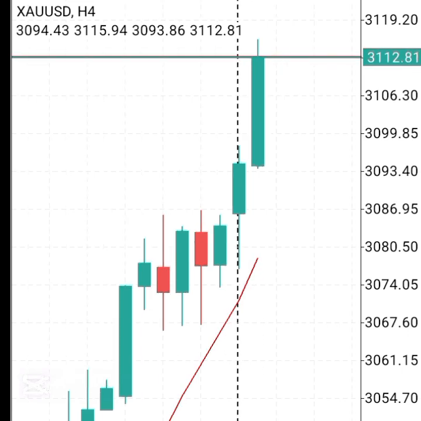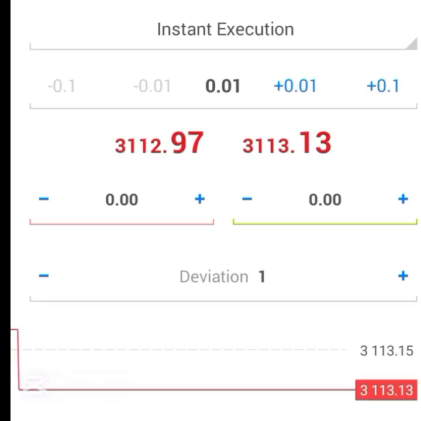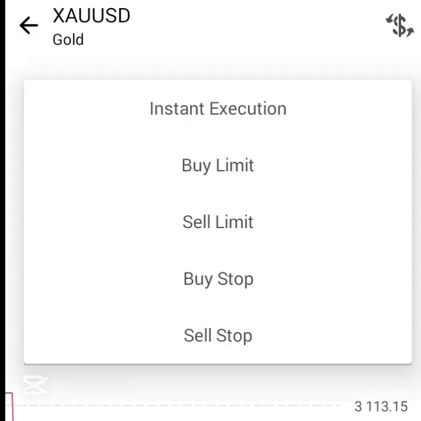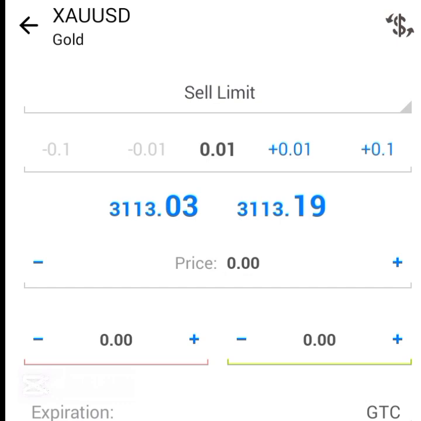So what I'll do is set a sell limit order, use this lot size, select sell limit, and set 3123. Then stop loss, let's say stop loss at 3130.